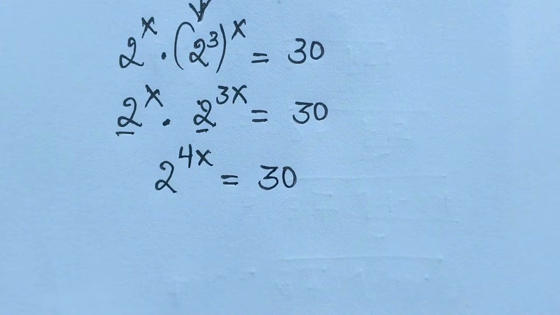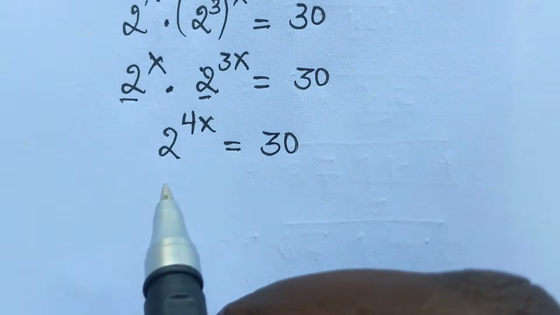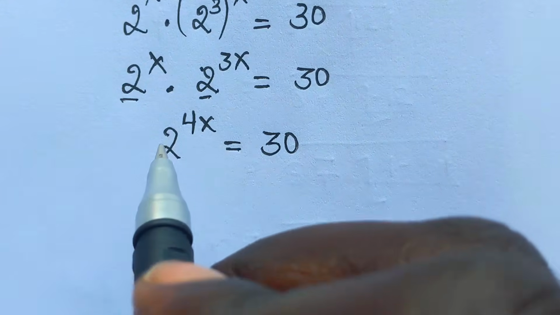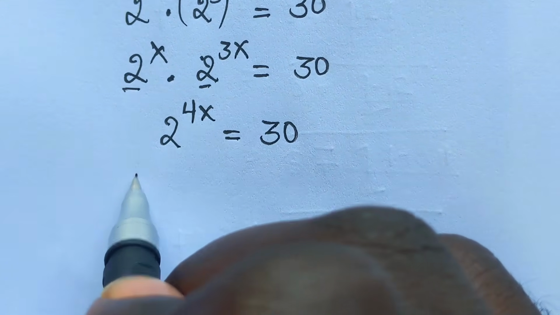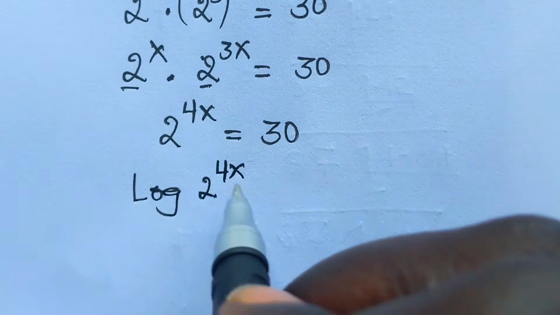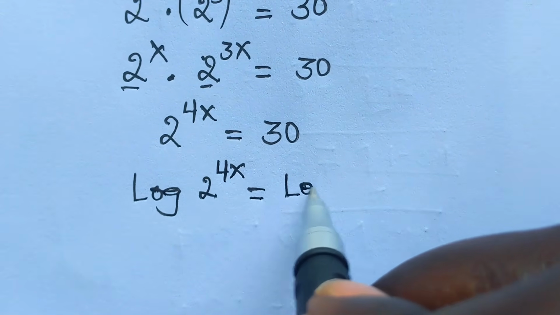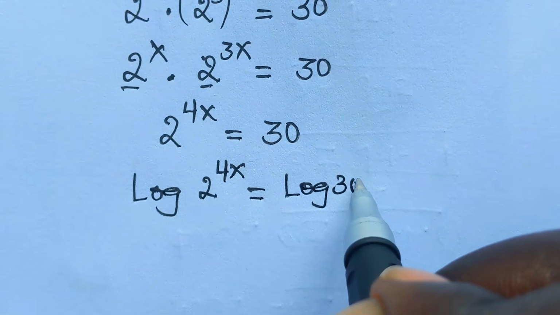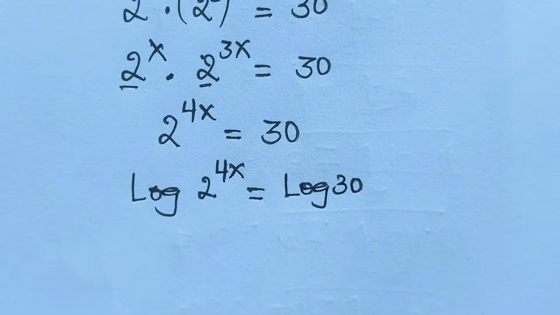Then at this stage, what can we do? We can write this as the logarithm of 2 power 4x equals the logarithm of 30, right?